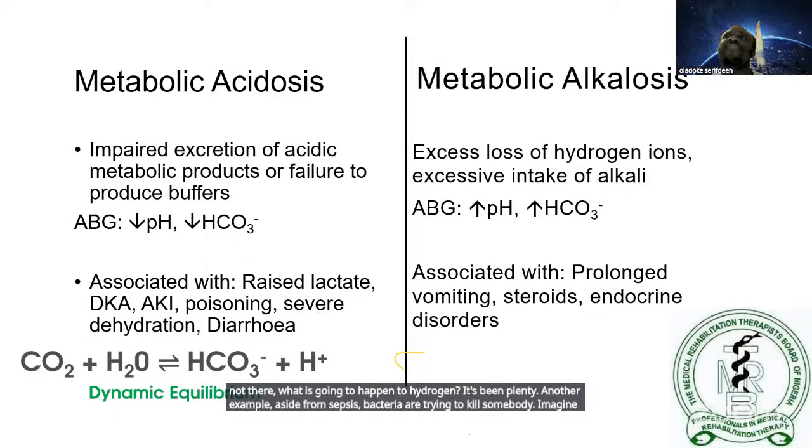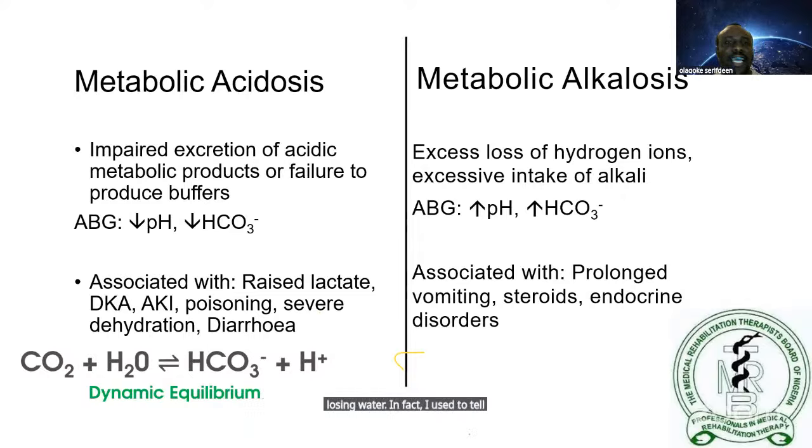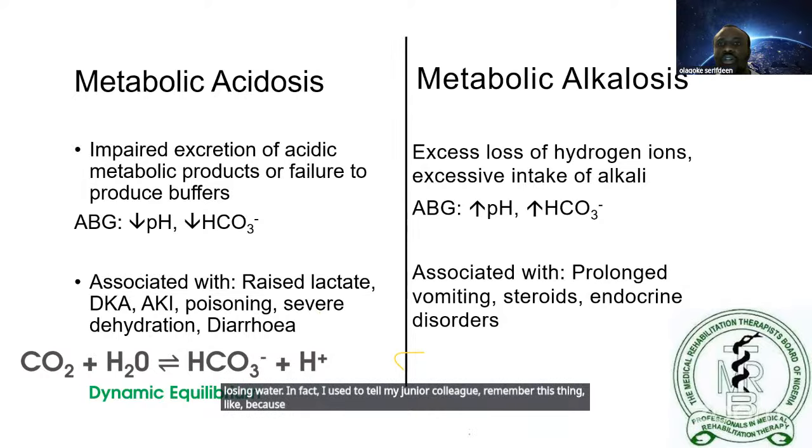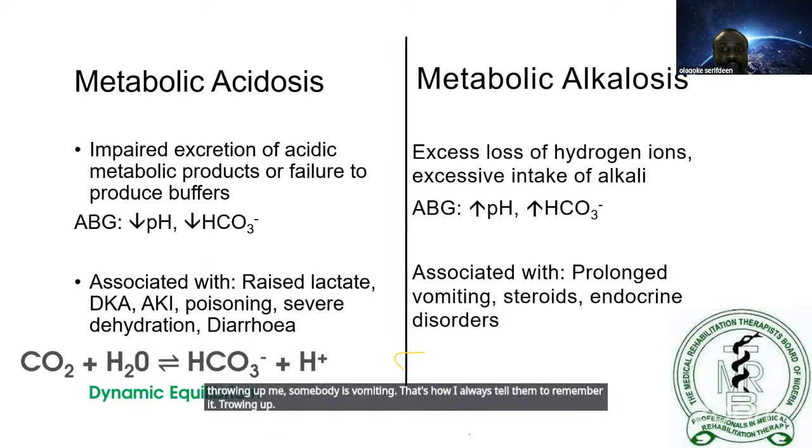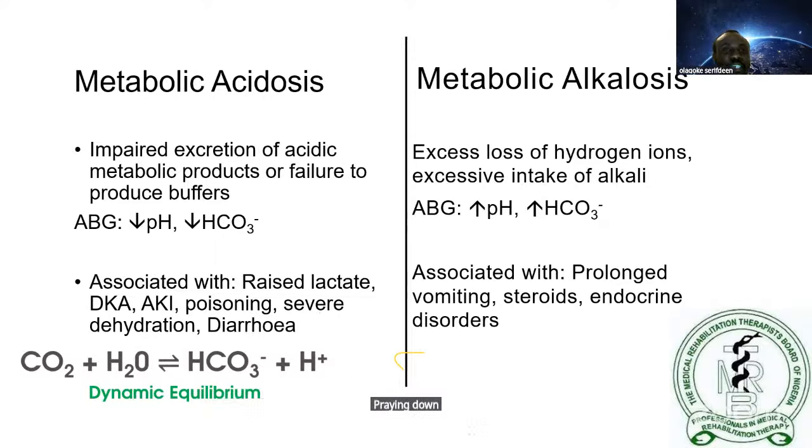Imagine somebody losing water. In fact, I used to tell my junior colleagues to remember this, because if you are working on surgical wards, following surgeries, patients can be vomiting because of anesthetic agents. That's how I always tell them to remember it: throwing up, vomiting; throwing down. Throwing down means what? They are losing water.